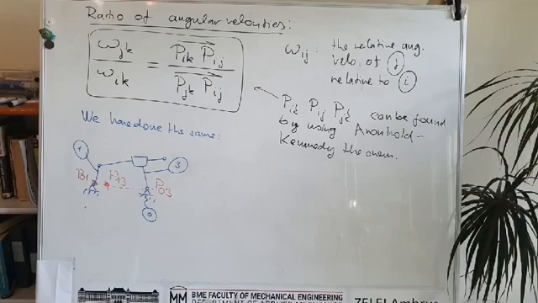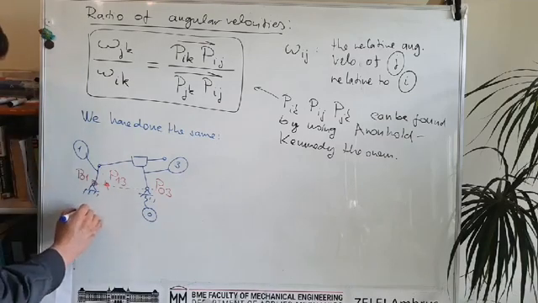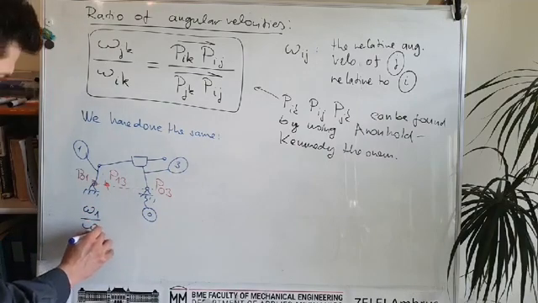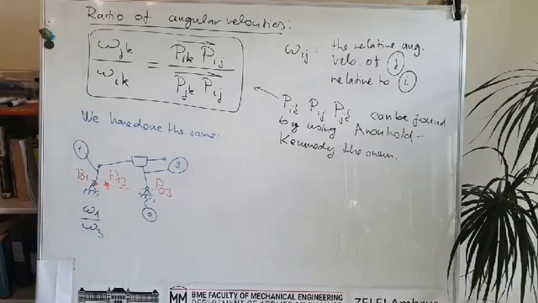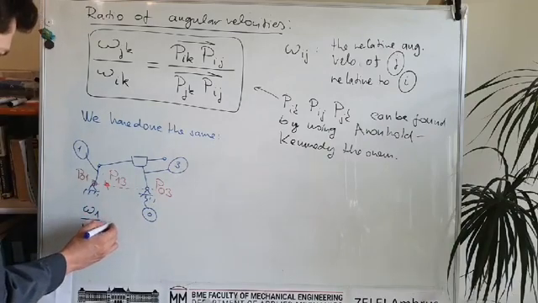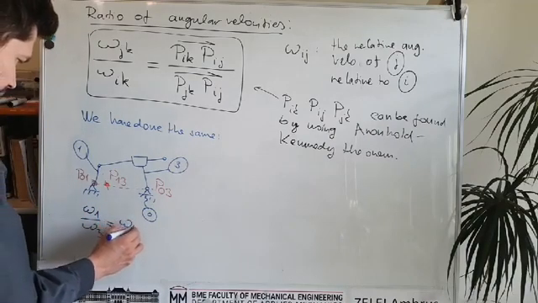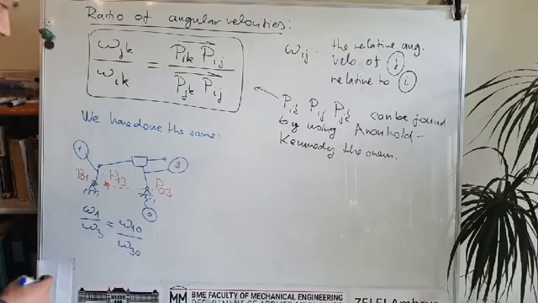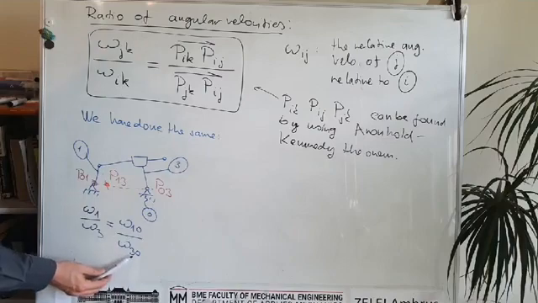And what we have done is to calculate the ratio of omega 1 and 3, or we can also calculate the opposite one, but it doesn't matter. And it's basically equal to the relative angular velocities, but they are relative to the ground.